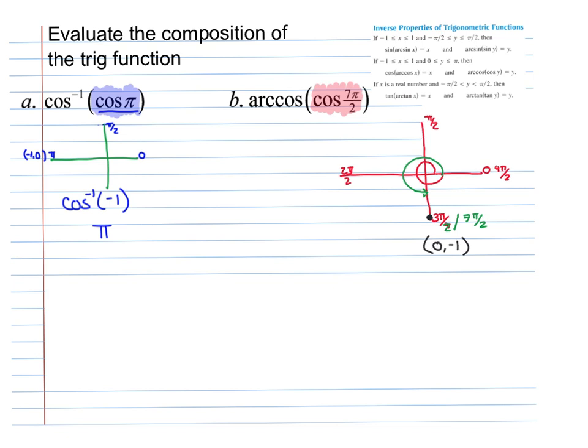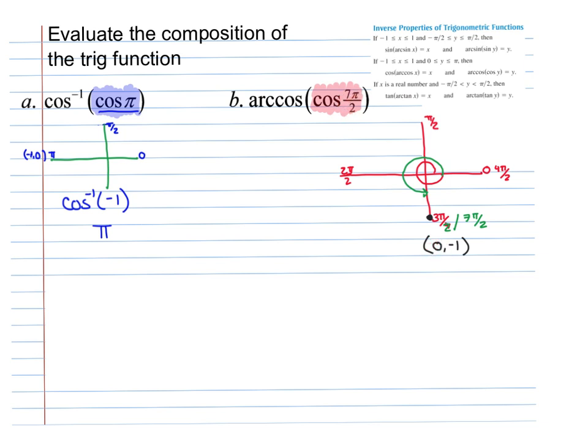Okay, that means this 7 pi over 2 is technically not in the range of cosine, because cosine's range should be between 0 and pi, not 0 and pi over 2, sorry. It is not in it, but that does not mean it does not have an answer, because we know that cosine of 7 pi over 2 is going to be 0.